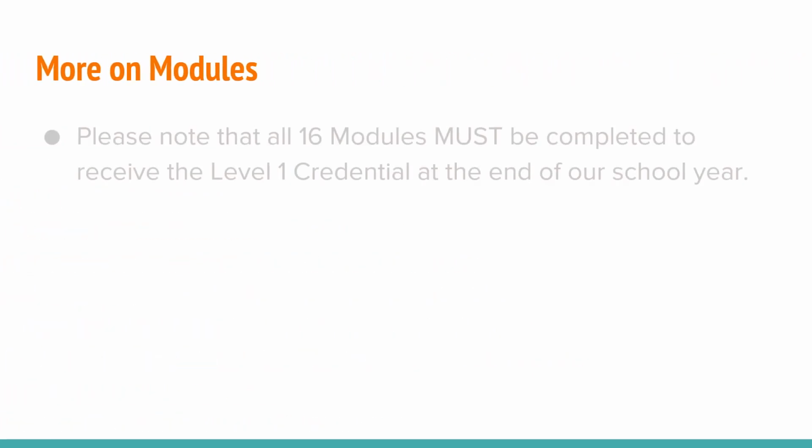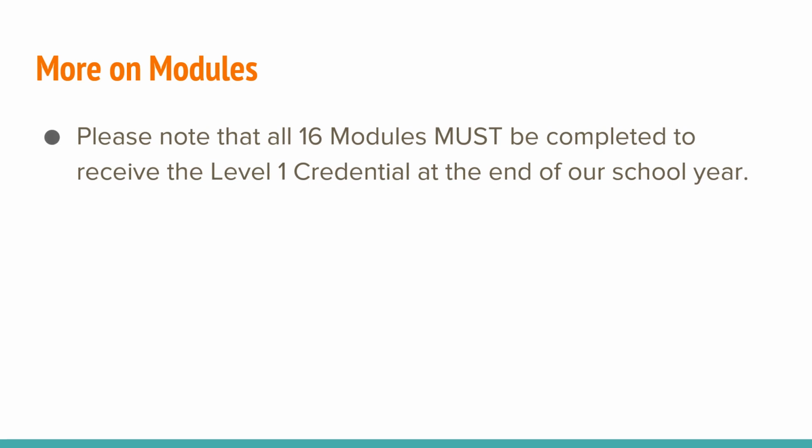A little bit more on modules. Please note that all 16 of the modules must be completed for you to receive the Level 1 credential at the end of our school year. And I really trust that it's going to help you a lot, so I really encourage you to finish all 16 modules by the end of our school year. Since this is coursework that we're doing together, each module is going to be worth 50 points in your assignment category.